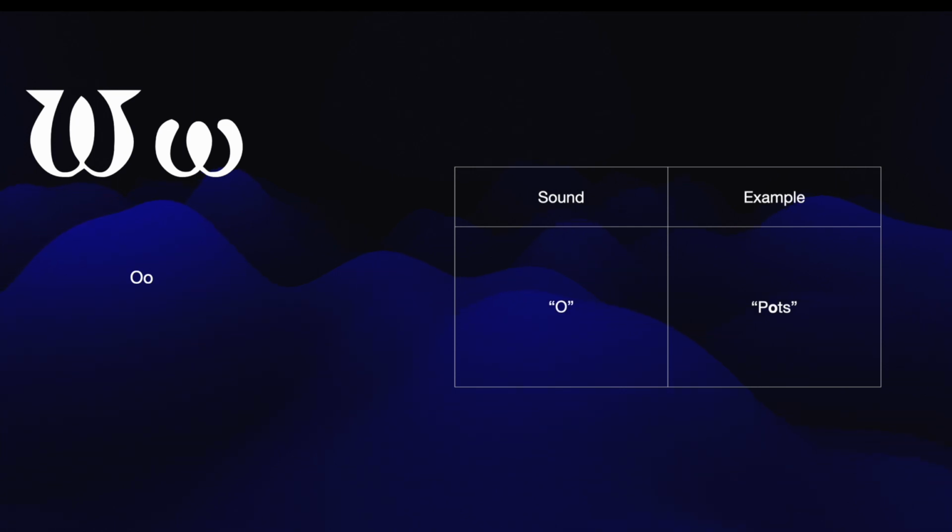But it's the lowercase omega that now has an uppercase and lowercase version, and it's just called O. And funny thing is, it makes the same sound as O, which we looked at before, and that one was taken from Omicron.